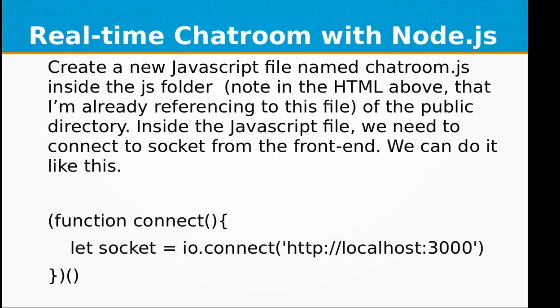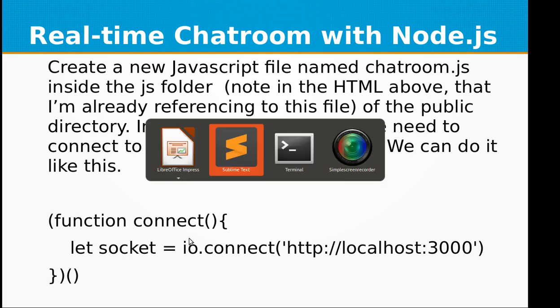Let's create a new JavaScript file named chatroom.js inside the JS folder. Note in the HTML above that I'm already referring to this file, in the public directory. Inside the JavaScript file, we need to connect to socket from the front end. We can do it like this.